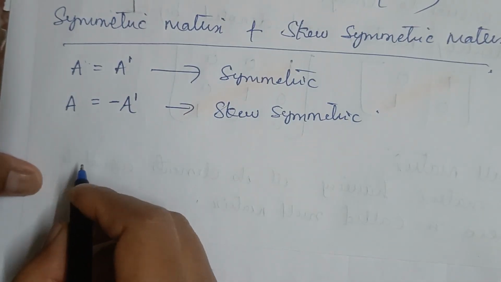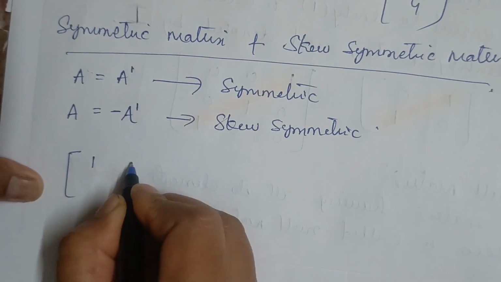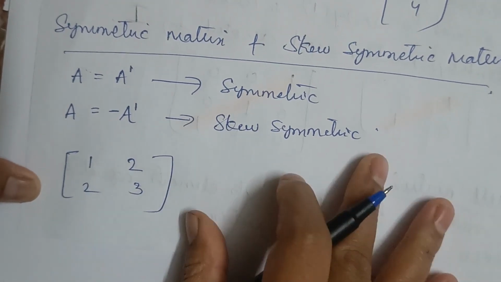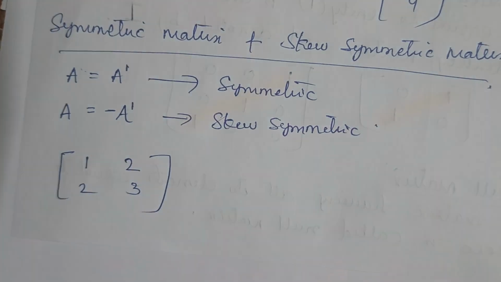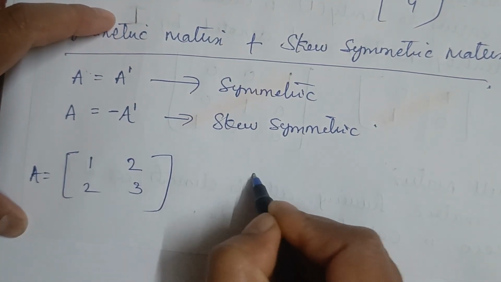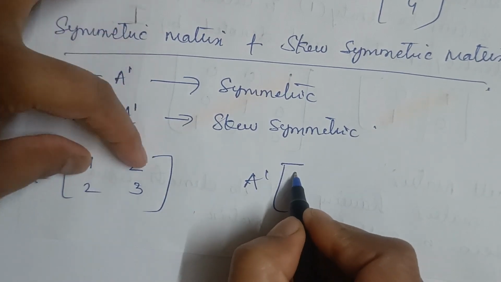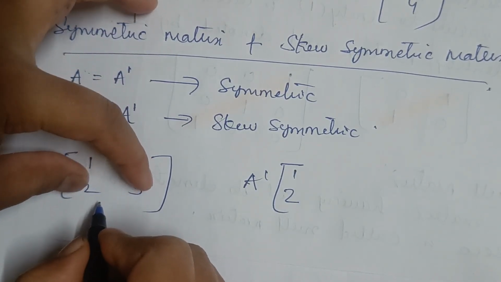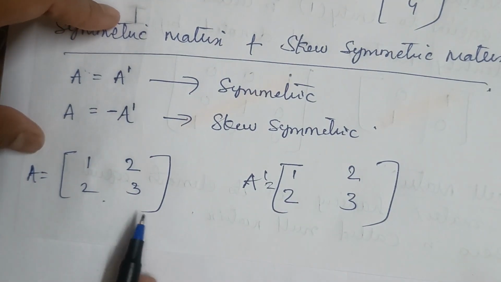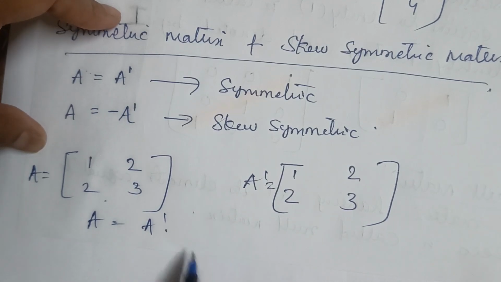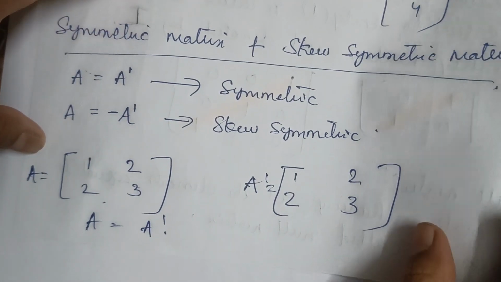I hope this is understood. For example, for the symmetric matrix, 1, 2, 2, 3. If I take the transpose of this matrix, it is going to be 1, 2, 2, 3. Correct? Isn't it the same? So A is equal to A transpose. So I can say this is a symmetric matrix. We'll see one more example for symmetric matrices.